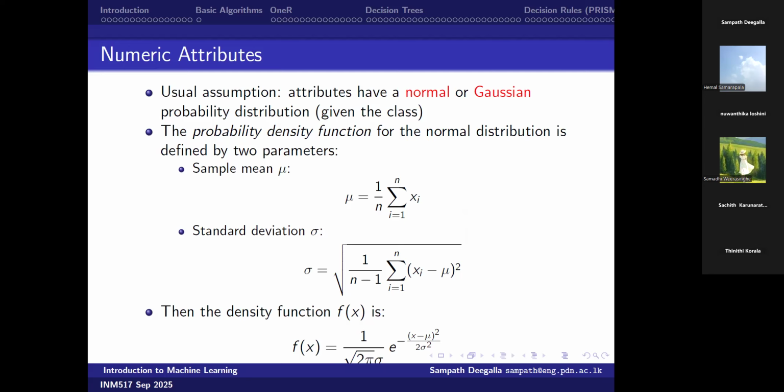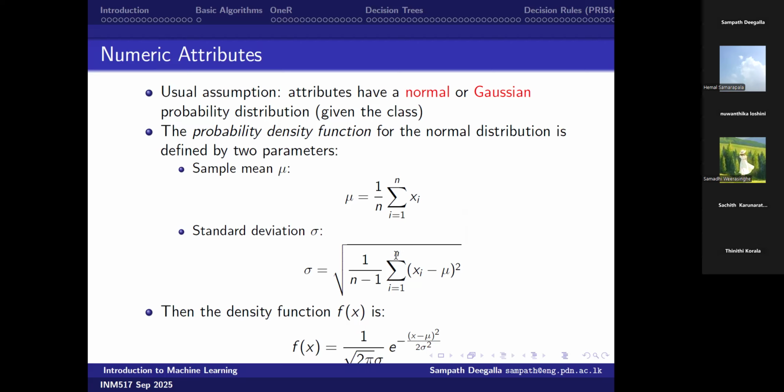And then we are going to find out the density function. Given we know the sample mean mu and standard deviation sigma, and the equations are given here, we can define the density function of f(x) as 1 over square root of 2 pi sigma e to the power minus (x minus mu) square divided by 2 sigma square.